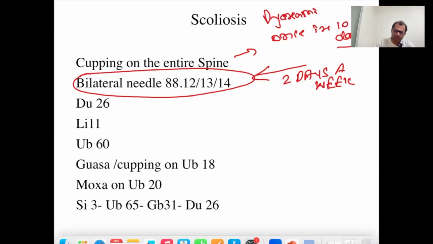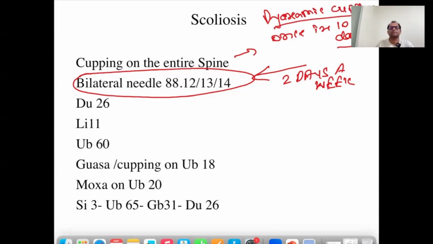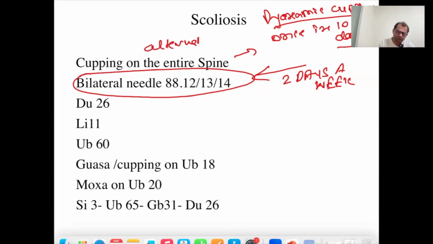But if we are doing normal cupping, just we are putting the cup and we are not moving the cup. अगर हम कप को घुमा नहीं रहे तो फिर alternate भी कर सकते हैं. बस कप लगाना है और 2-3 मिनट के बाद निकाल देना है.